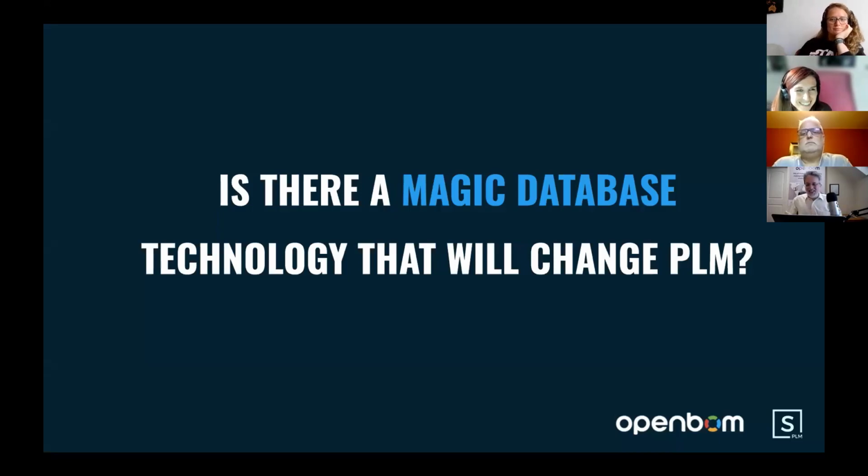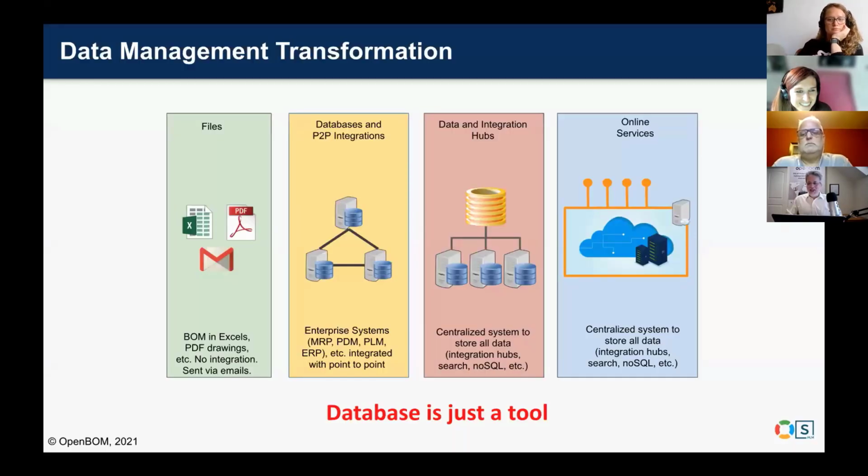Yeah, PLM was always about databases, and it was a lot about data, and it's always the thinking that the next technology in database will solve all the problems. So the data management transformation in PLM also was going in stages, and the first stage we've been mostly focusing on files, sending them by emails, but mostly it was about files.